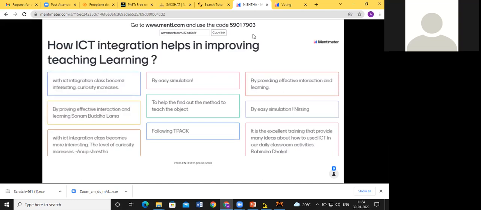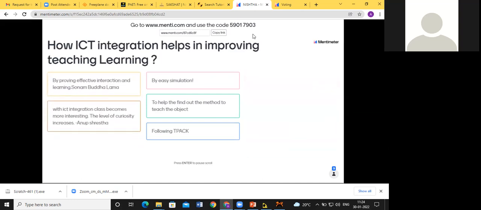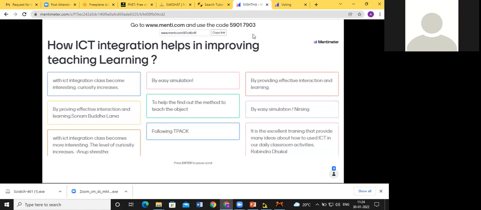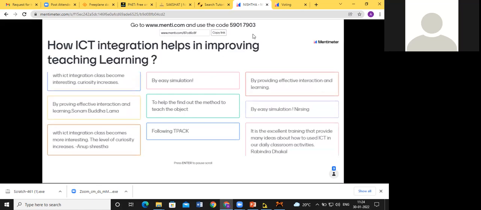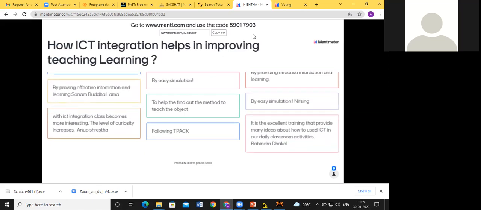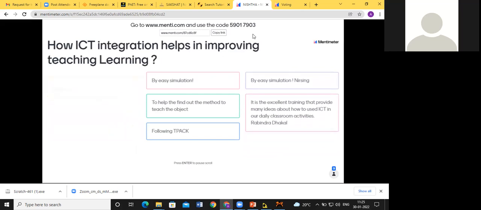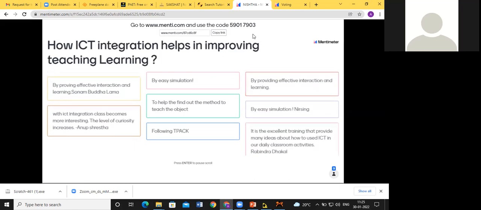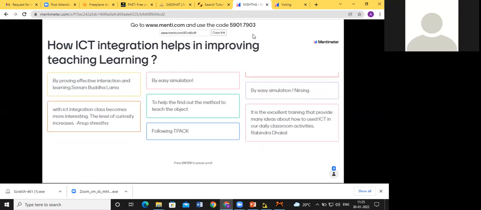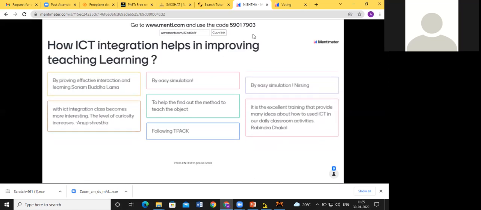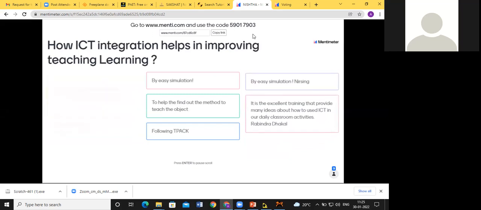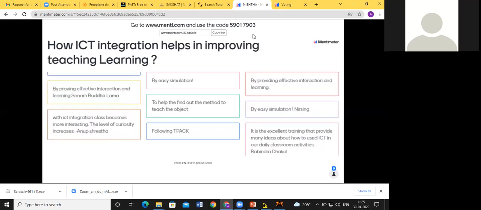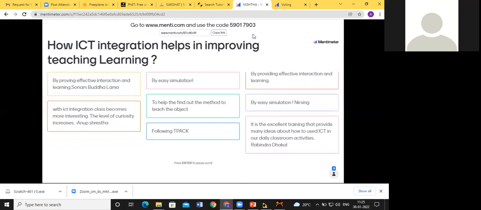We are 13 in number, and I want to have the response of all 13 people. Please type menti.com in your browser and give the response.